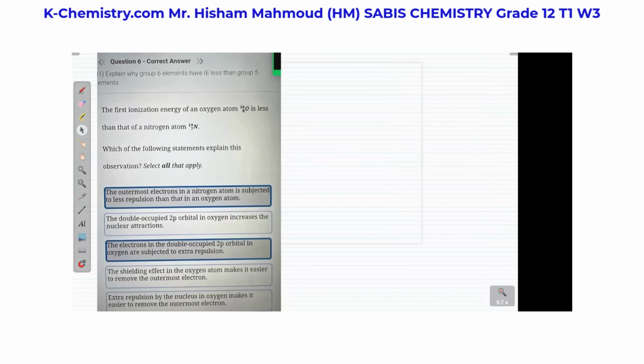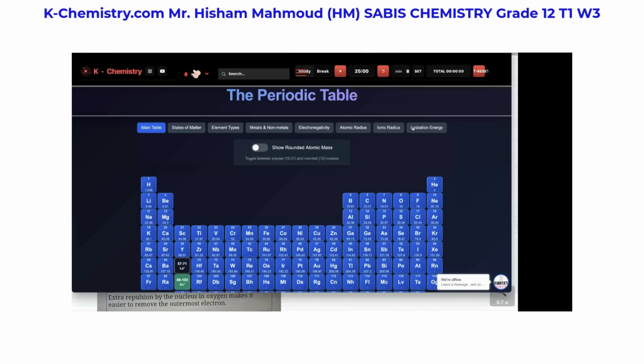The normal rule for ionization energy tells me that as you go in the periodic table from left to right, the ionization energy should do what? It should increase. The periodic trend is telling me that the ionization energy should increase.